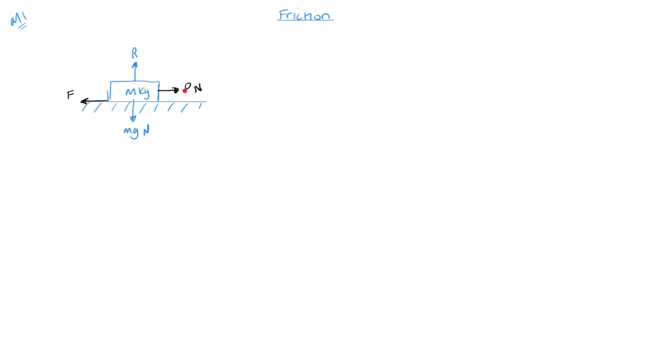Okay, and then any value above that, then P will start to move the block. So this will take it all the way up to F max, its maximum value, and then as P increases past that, it will start to move this block in this direction.